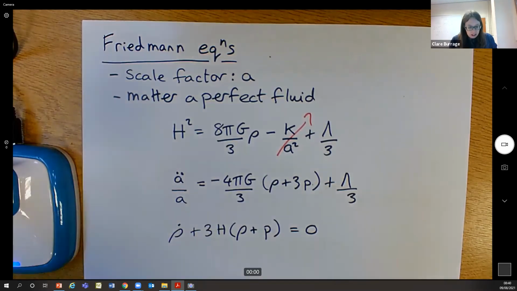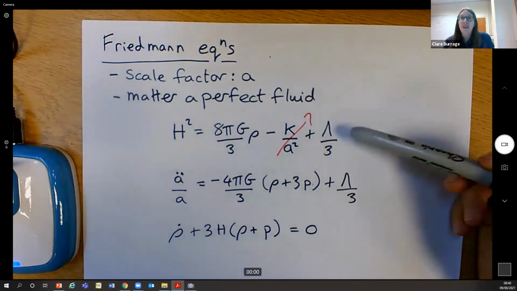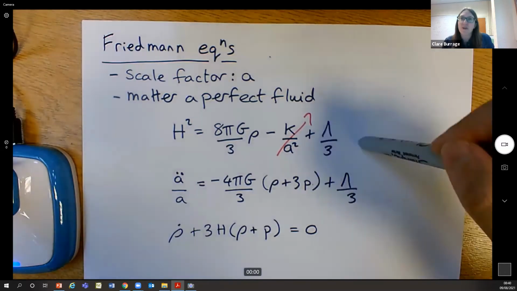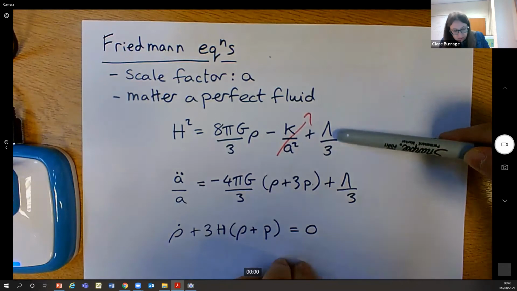Okay, so this is our cosmological constant. This is the term that is going to help us explain our observational data, but also cause us all of our problems. So what does it do?